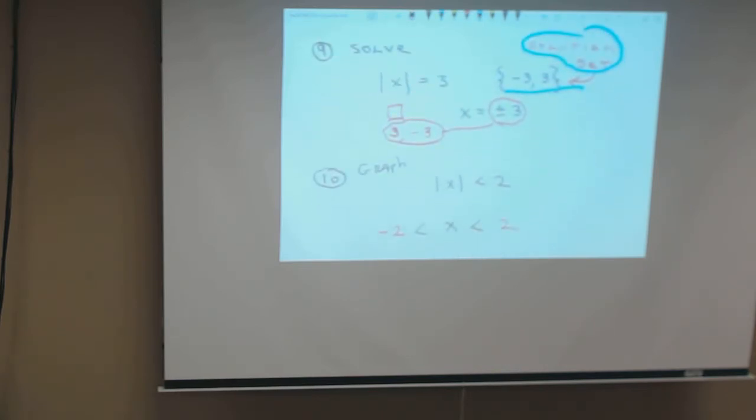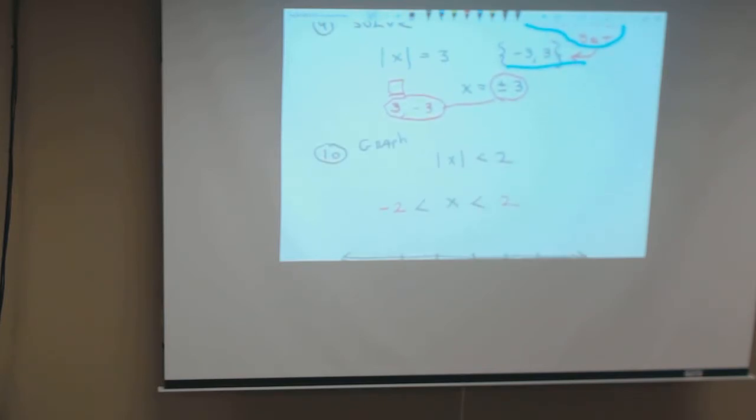Number 10. Graph the solution set of the absolute value of x is less than 2. Remember how we do this? We take this absolute value sign, put this x here, and then we go 2 and negative 2. So what this is really saying is x is between 2 and negative 2.